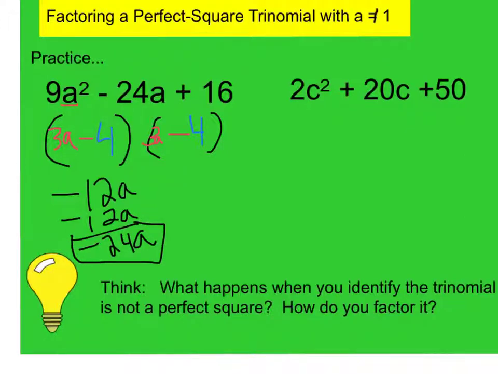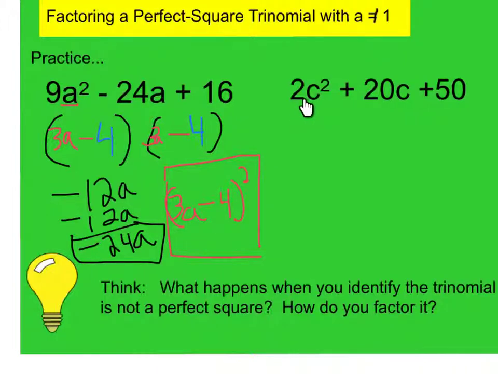Let's go back and check. Negative 24a. Yeah, it's right there. Here's my answer. My answer will be 3a minus 4, that quantity squared. So my answer is 3a minus 4 squared. All right, this is a good example here.